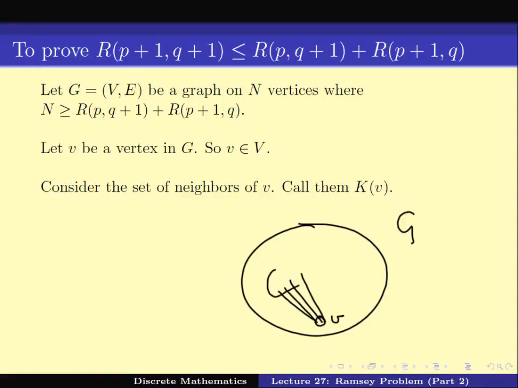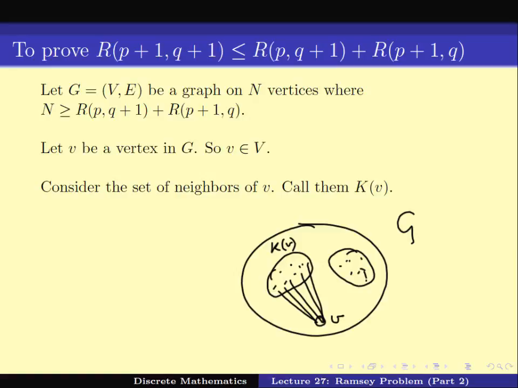These are the vertices that have an edge to V. And then there are some vertices here that don't have any edge to V. So there are vertices that are neighbors of V and vertices that are non-neighbors of V. We call the neighbors of V K_V. We call it K because it's like the known. V knows this set of people.